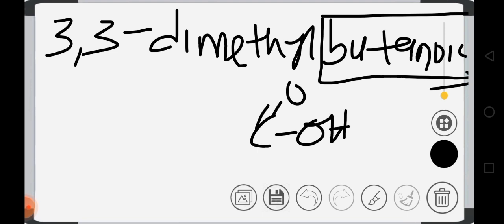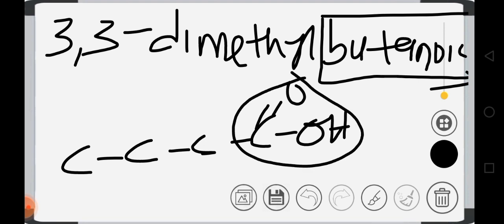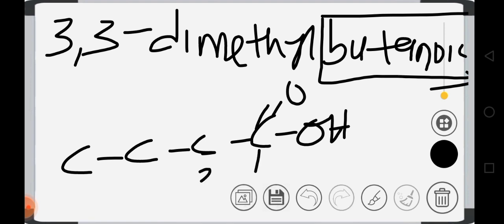So let's add 4 to this, then 3 more: 1, 2, 3. If you want to number, you start counting from where the functional group is. That's another thing. Even though it's alkanols, alcohols, you start counting from where the functional group is, please. You're going to have 1, 2, 3, 4.